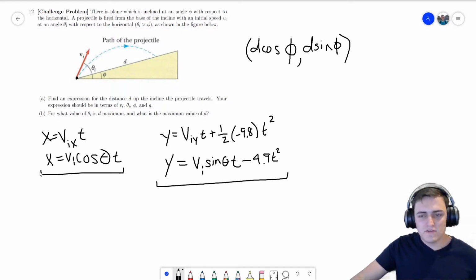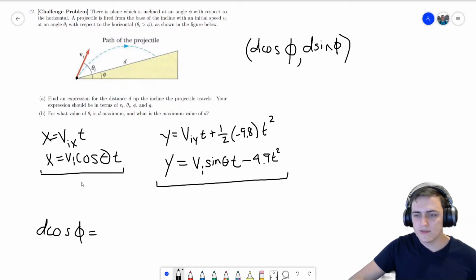So now that we have the position equations for the x and y axes, we can relate this final position with the point we had up here, right? Our x is d cosine phi, and that's equal to vi cosine theta times time.